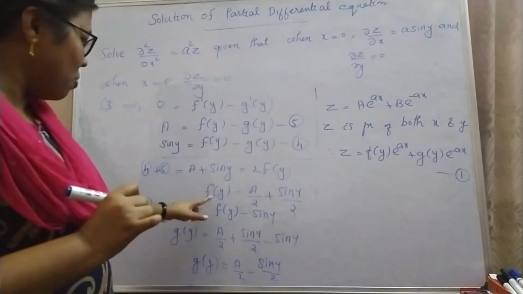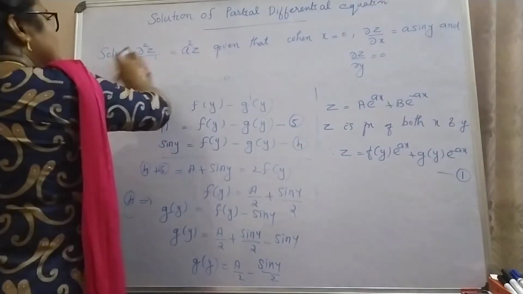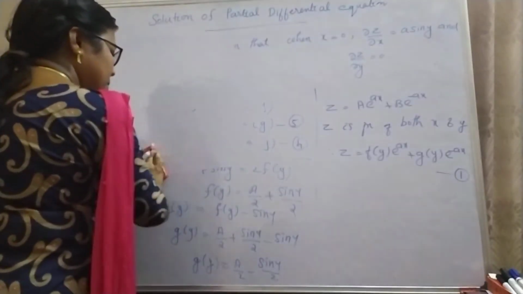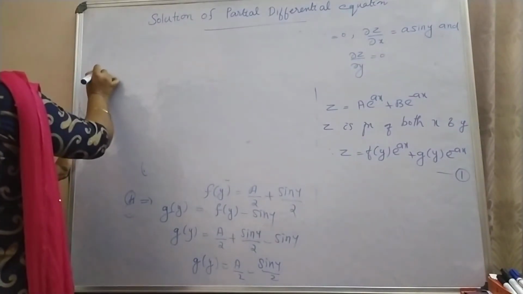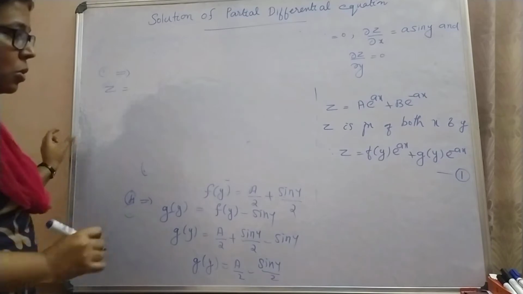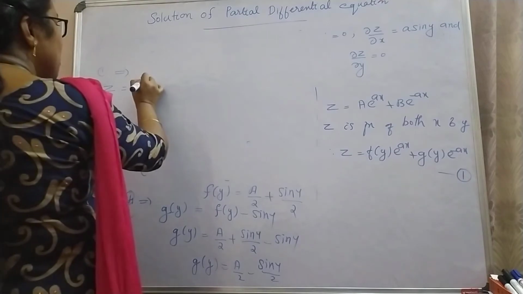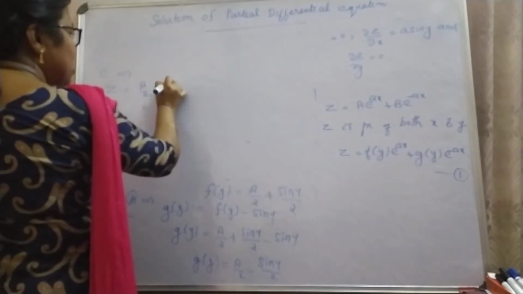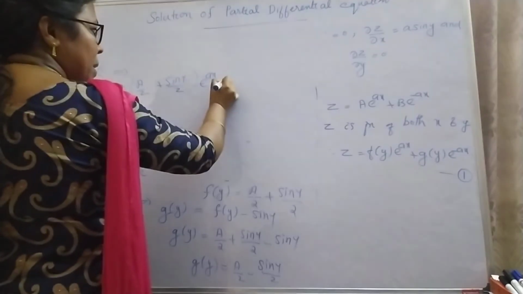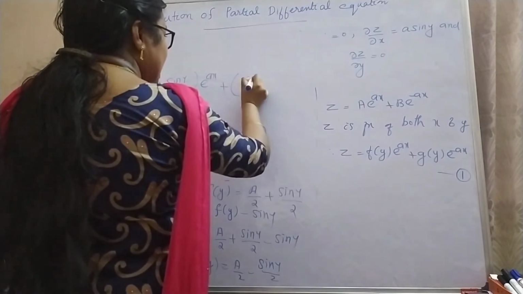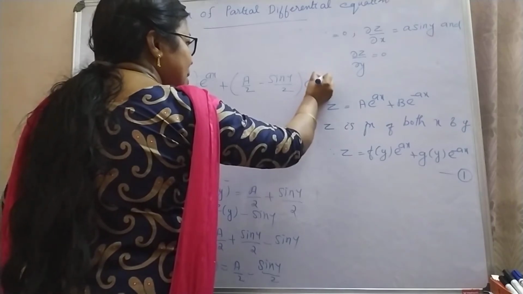Put these f(y) and g(y) in equation number 1. Therefore, equation number 1 becomes z = (a/2 + sin y/2) e^(ax) + (a/2 − sin y/2) e^(−ax).